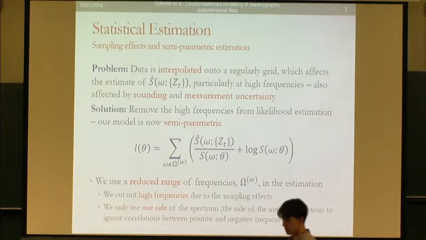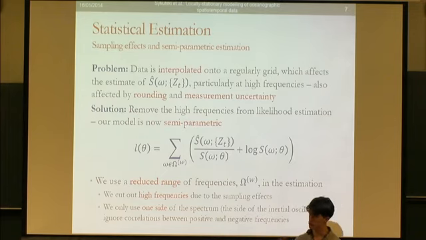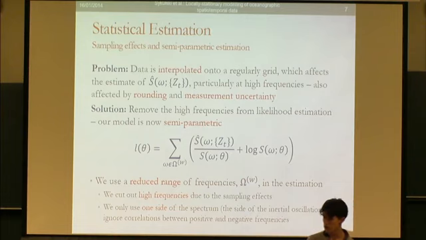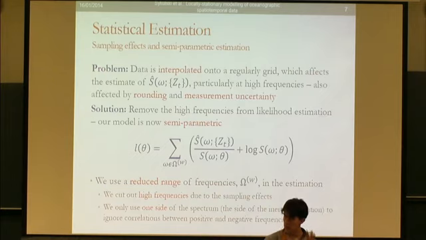In that way, we're being semi-parametric, because we're saying we're not modeling that high frequency range because we're not really sure about this interpolation problem. And also we have the advantage that we can use only one side of the spectrum, so we can just model negative rotations or positive rotations, particularly because we're often interested in the Coriolis effect, so we might just look at that side of the spectrum and ignore the other side.